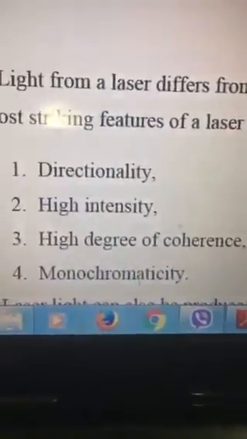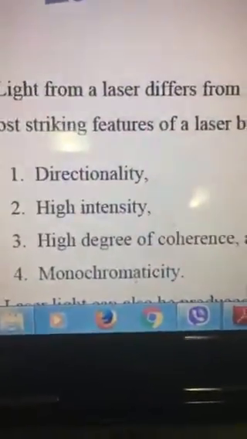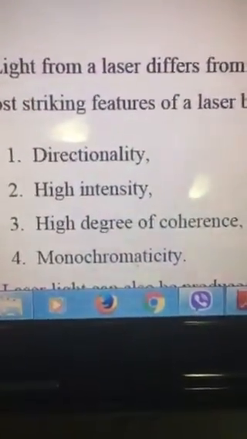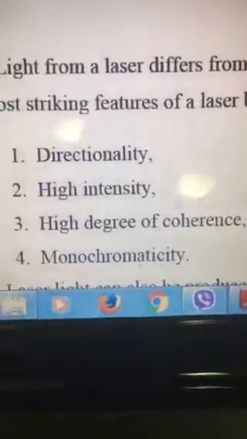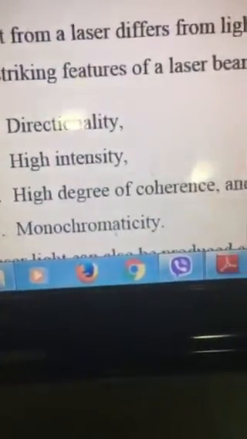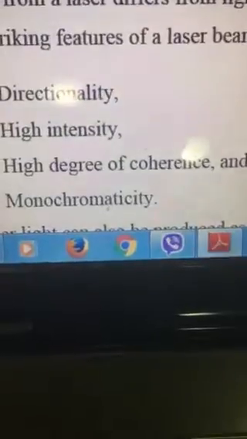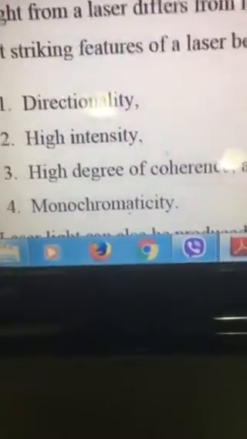And here you can see the directionality. That means the laser is very well directional light, and the laser is a very high intensity beam, as well as monochromatic and of a high degree of coherence.